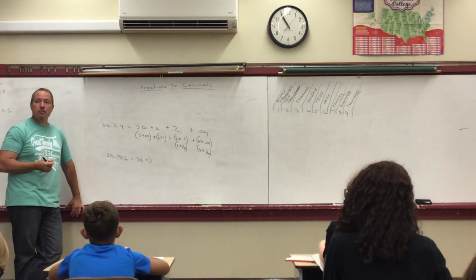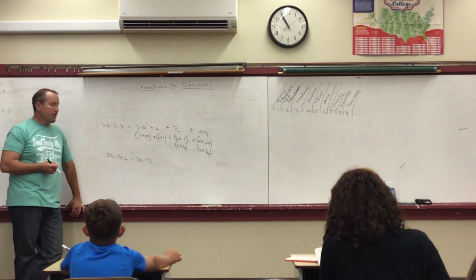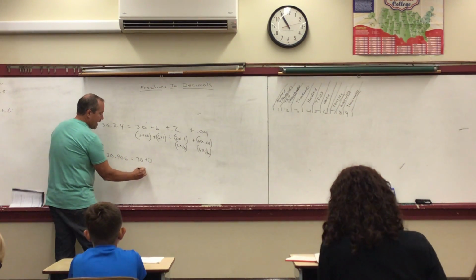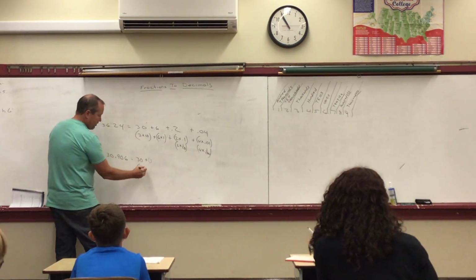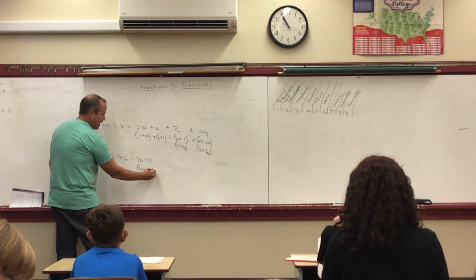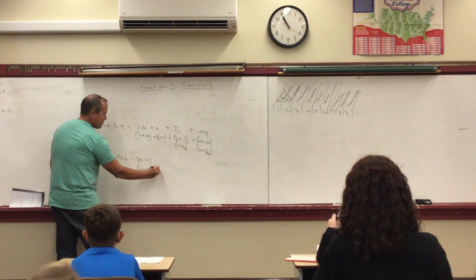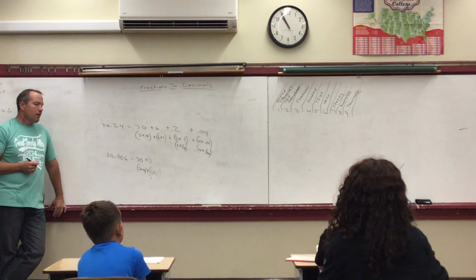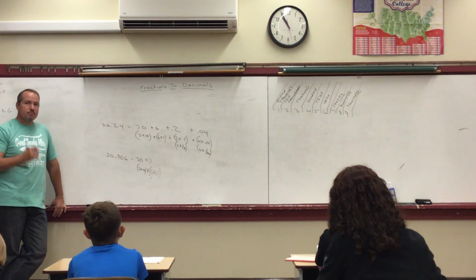Sometimes you will see it, sometimes you won't. Okay? Now, this 3 could also be 3 times 10. This could be, once again, this is optional, 0 times 1. Okay, it's optional.